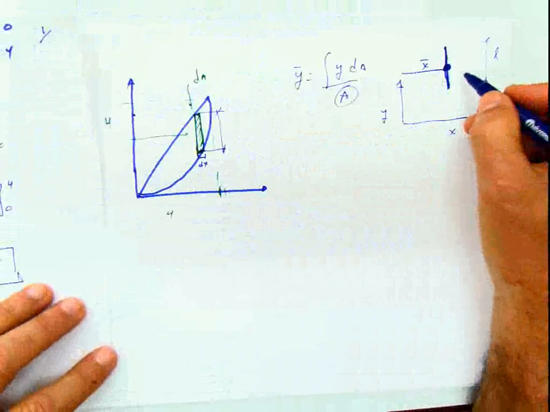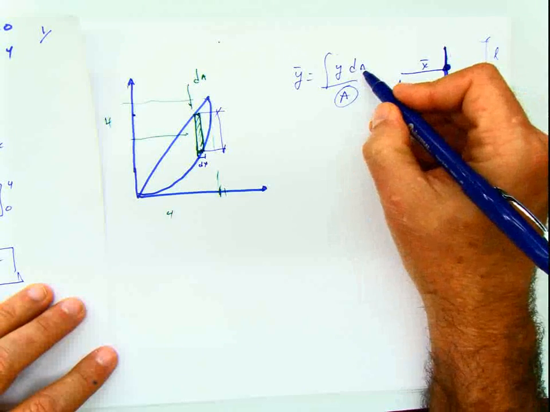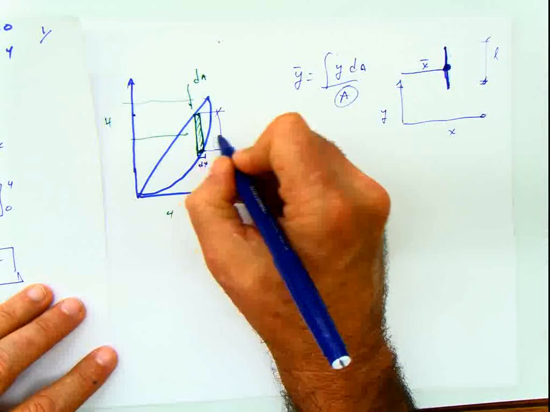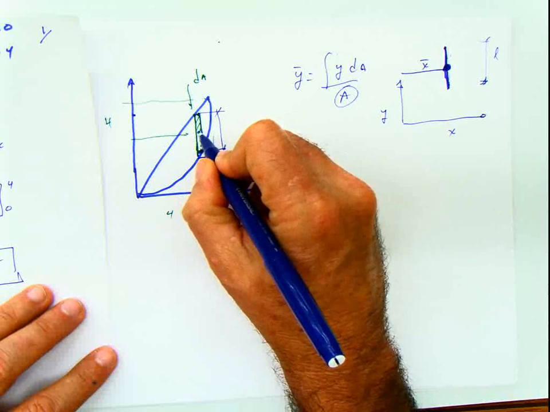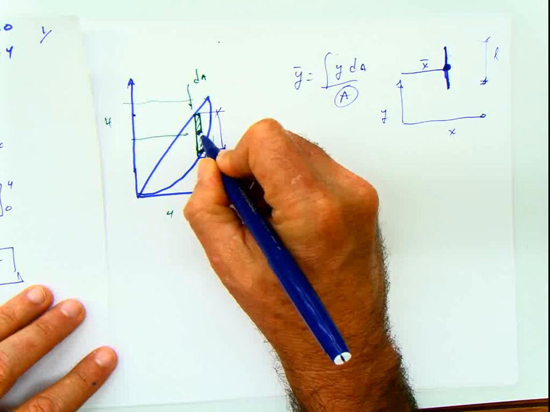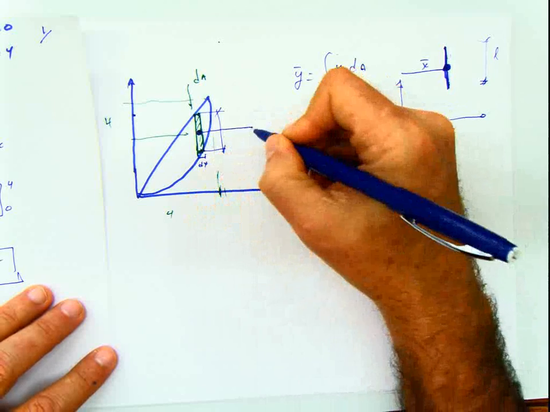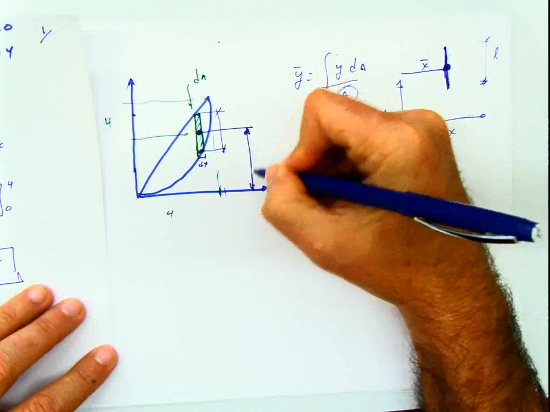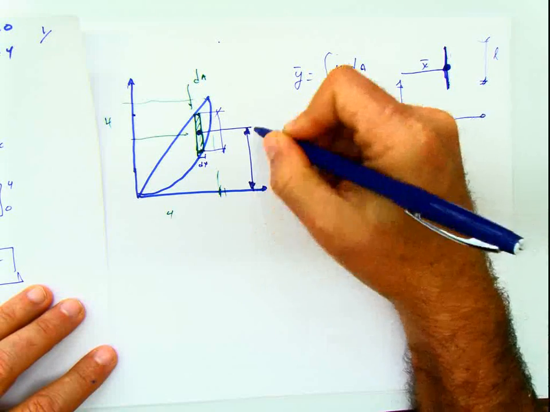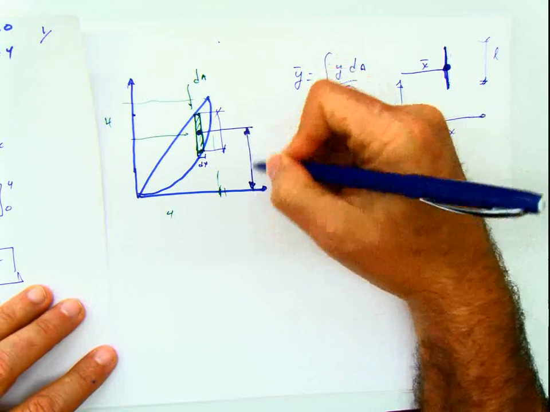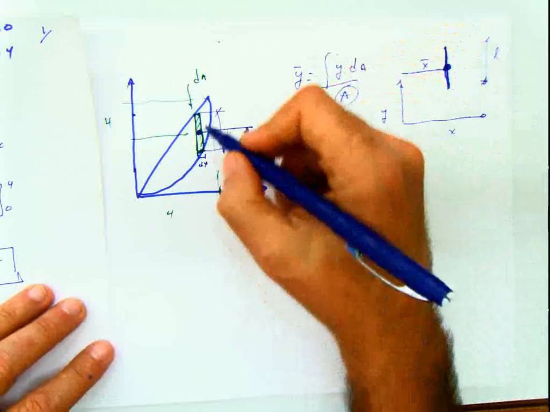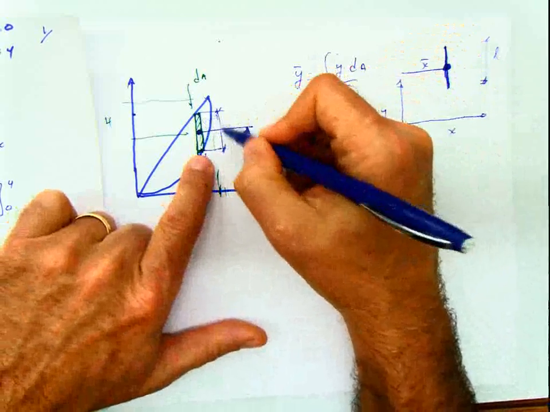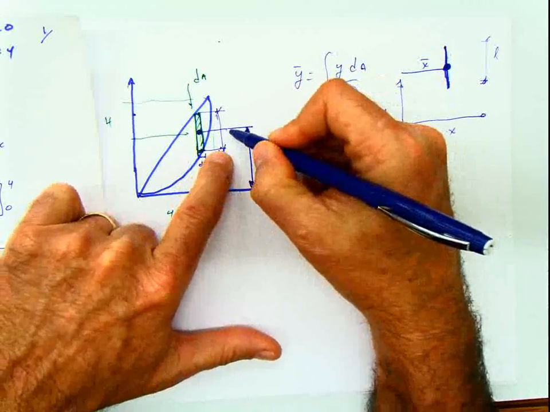That was our differential of area, the same one we had before. The distance from the centroid of that differential of area to my axis is the distance I have to measure. So my whole problem is how to find this distance. Well, it's not that difficult because we know this is going to be half of the distance.